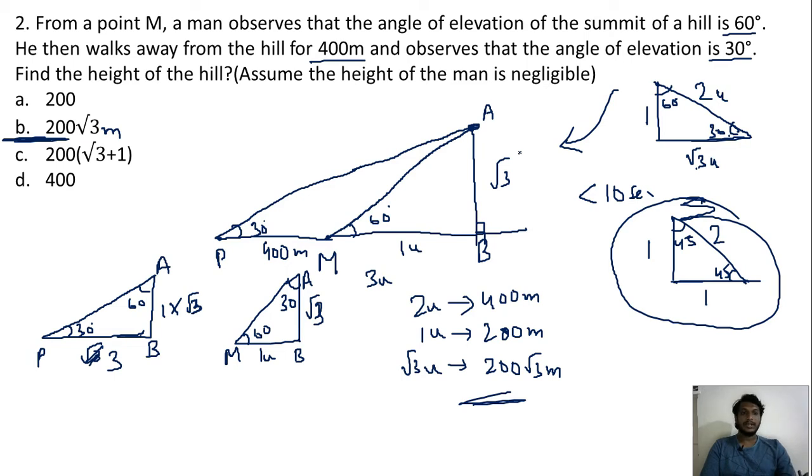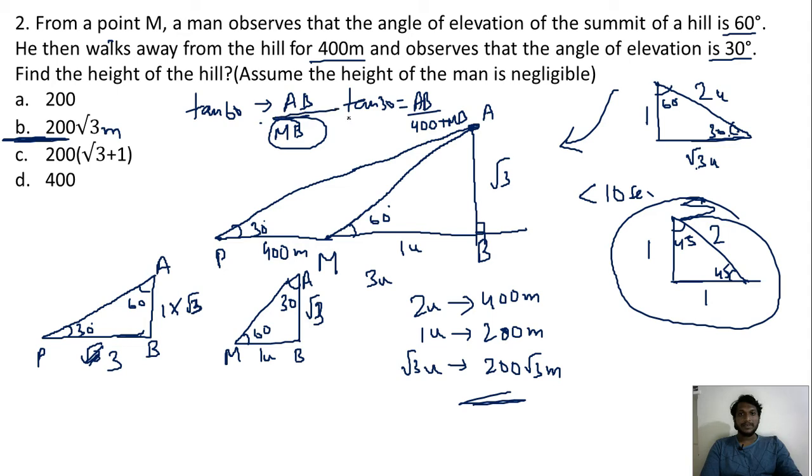So in such kinds of questions, avoid using the conventional method where you use tan 60 degrees first and find AB by MB, and you have to calculate MB in both the triangles, where tan 30 degrees will be equal to AB by 400 plus MB.